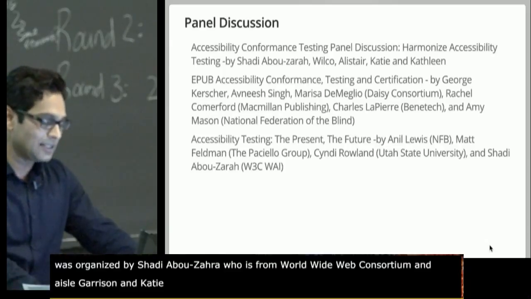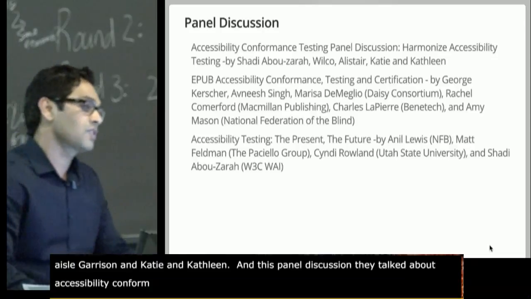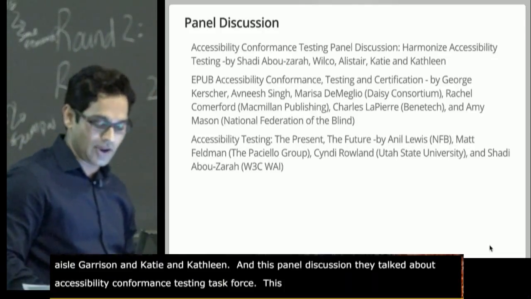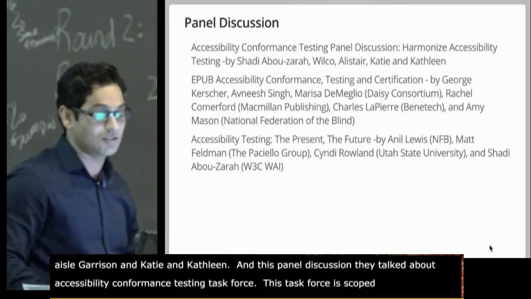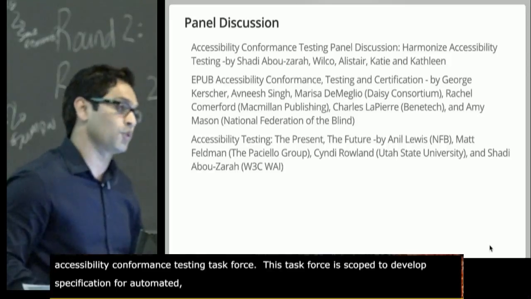In this panel discussion, they talked about the accessibility conformance testing task force. This task force is scoped to develop a specification for automated, semi-automated, and manual web accessibility testing procedures.